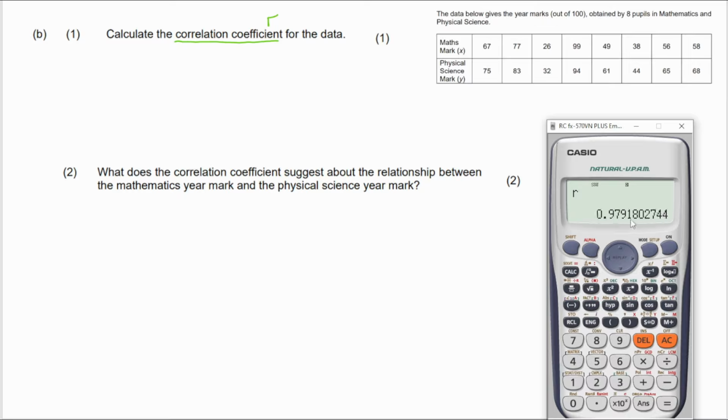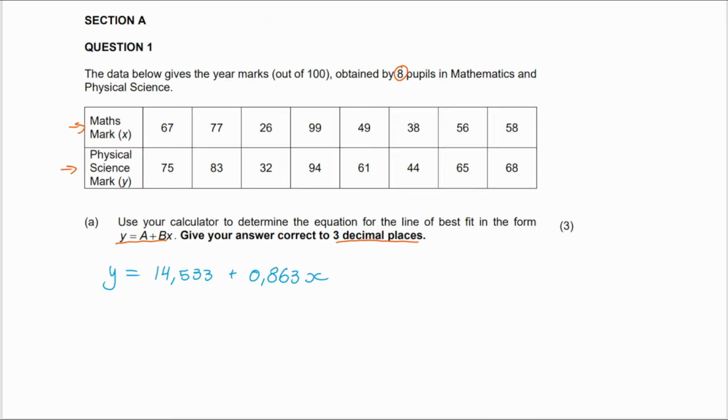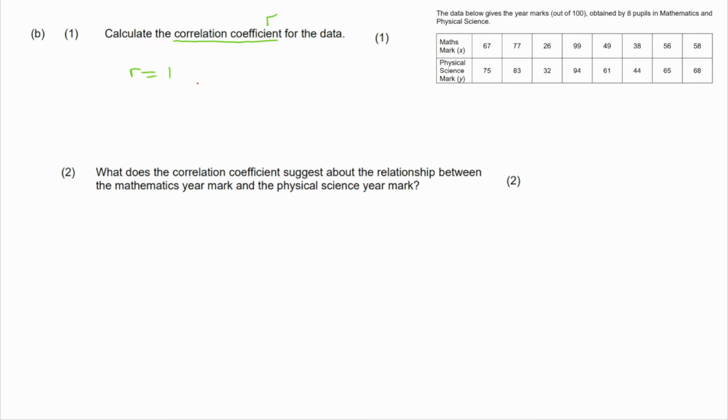In this case we need it to 1 decimal place. So R is equal to 1. Just A needed 3 decimal places, this one is still 1 decimal place, so that one is rounded to 1.